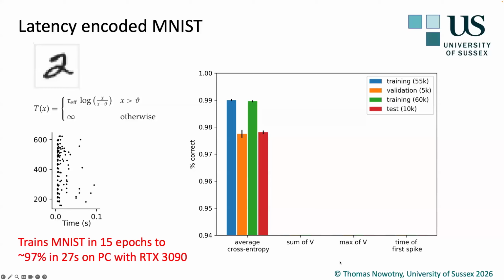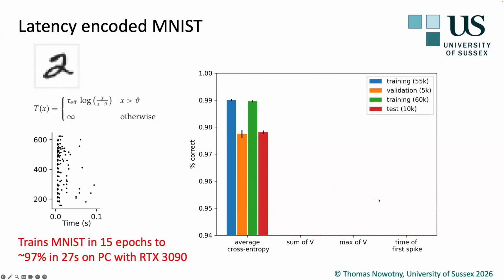I don't know how the mix of the audience is, but I suspect you might be slightly younger than myself. When I was starting to work with spiking neural networks on MNIST about 20 years ago, we would have to run things overnight to train. And nowadays, on a modern GPU with these modern methods, it only takes 27 seconds. So this is a big game changer.